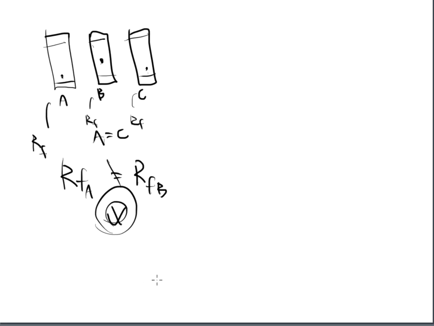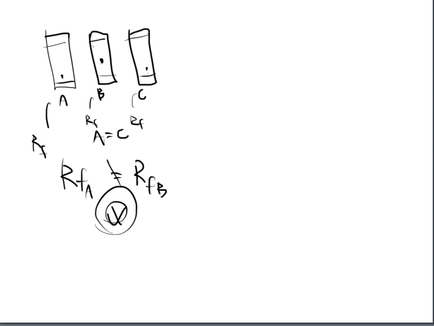My A and my B are completely different. One's further up the plate than the other, but now I have a mathematical representation of what I see. I can calculate a value, and that value can be used to compare other plates to. And that's what we do in the TLC world. So we identify the unknowns based on RF numbers.